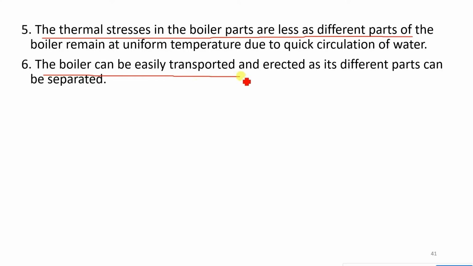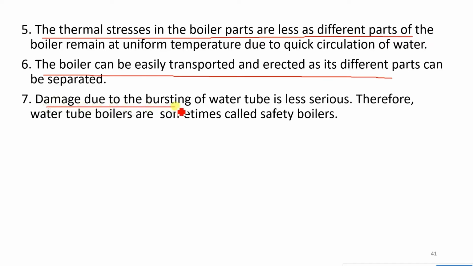The boiler can be easily transported and erected as its different parts can be separated. Damage due to the bursting of water tube is less serious because flue gases are not flowing through the pipe. It is surrounded to the pipe. Water is flowing through the tubes and is continuously in circulation, therefore overheating of tube does not take place.